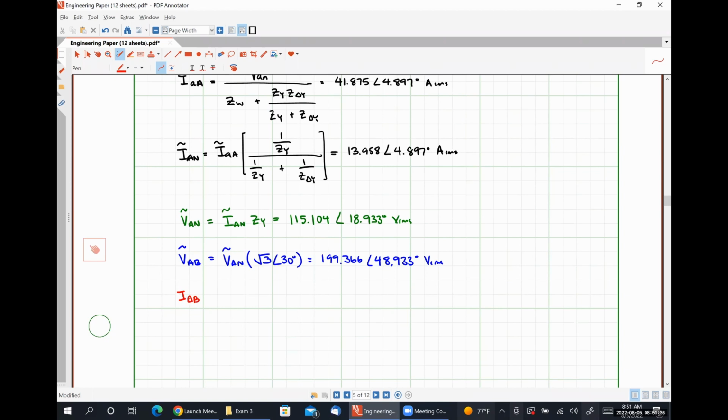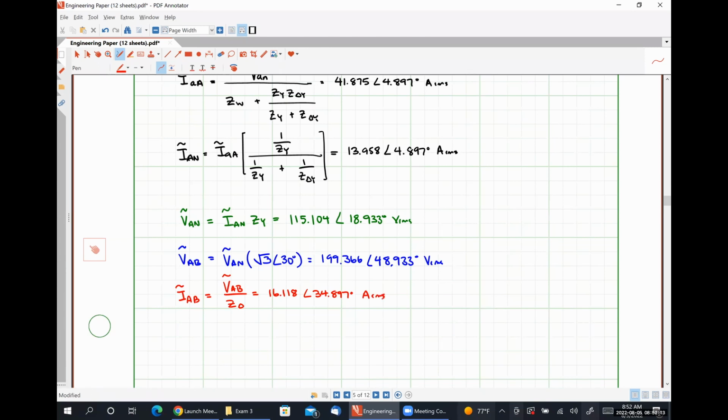IAB, and let me make that look more like an A and not like a delta, is simply VAB over Z delta, which comes out to be 16.118 angle 34.897 degrees amps RMS.